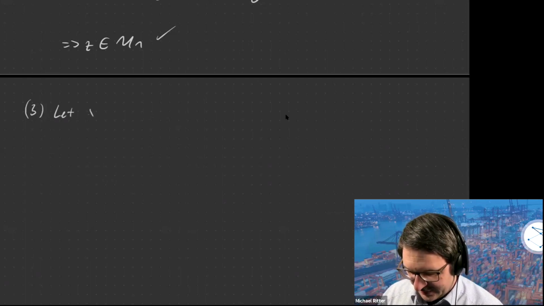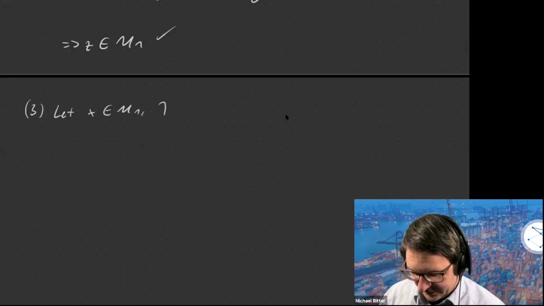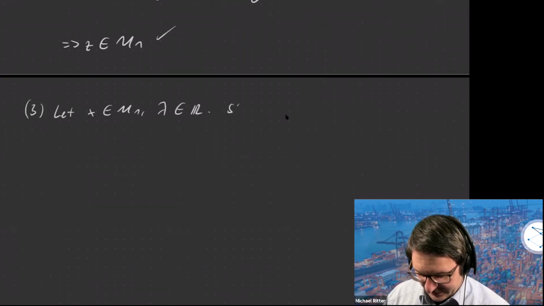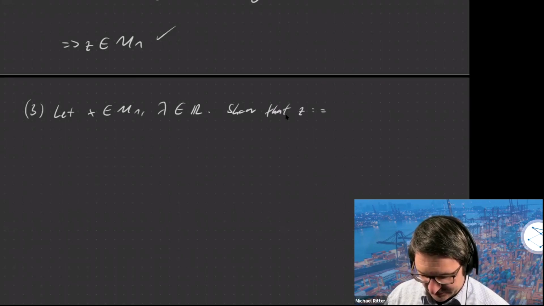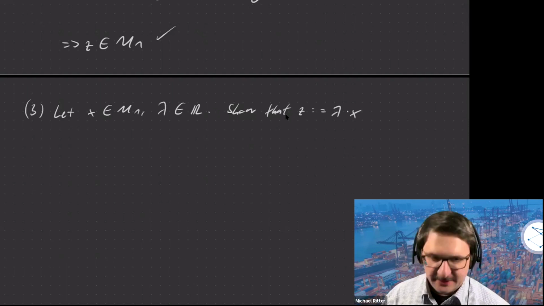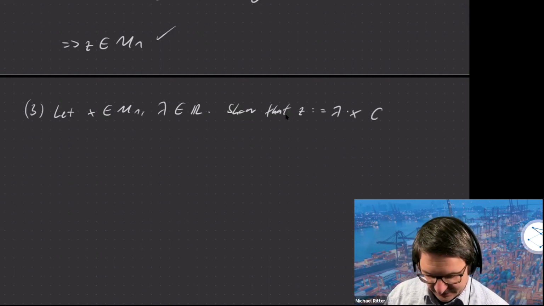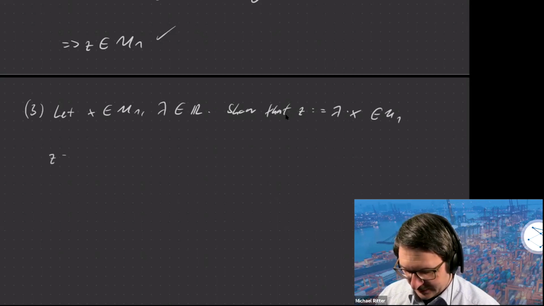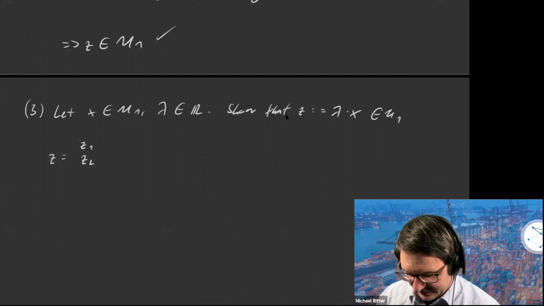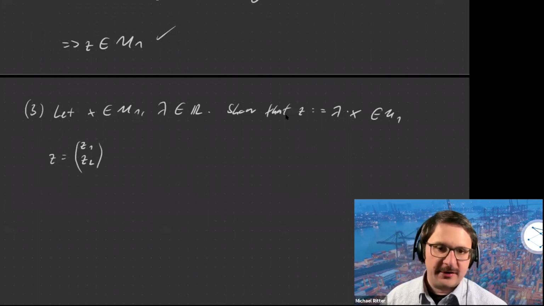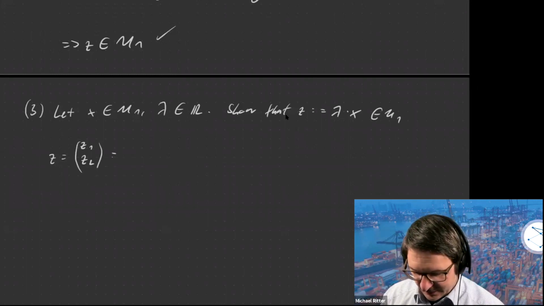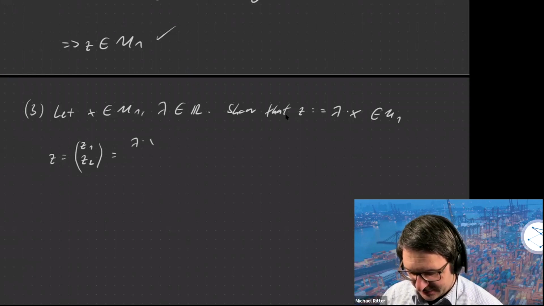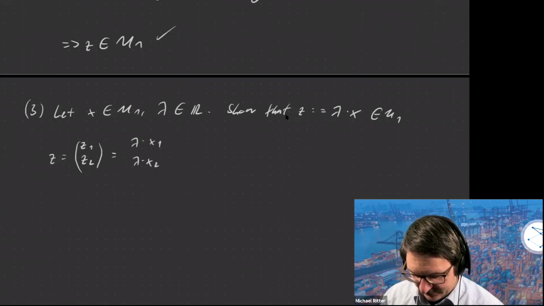So we'll start with x in U1, and we'll take a scalar lambda in R, and we need to show that C equals, let's define that as lambda times x this time, that this is also in U1. Now we know C is again made up of the coordinates C1, C2. And obviously those are just lambda times x1 and lambda times x2.